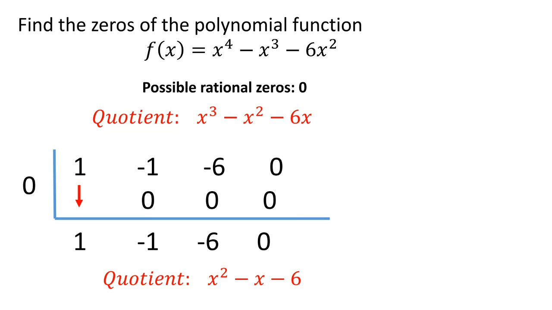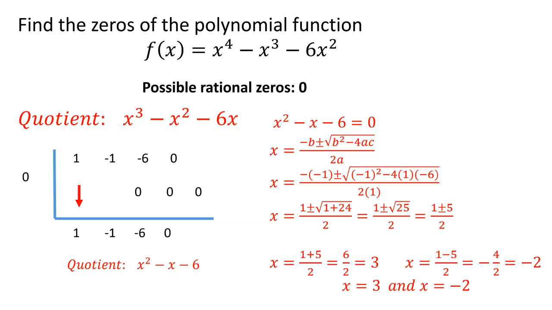So now that I have a square, I believe this would be easier to factor or to solve our quadratic equation. Again, for me, factoring is always the way to go, but if we don't see it, we can use our quadratic equation. So let's practice that. The quadratic equation is used to find the x-intercepts of a function, and it's given by minus b plus or minus the square root of b squared minus 4ac, all over 2a.